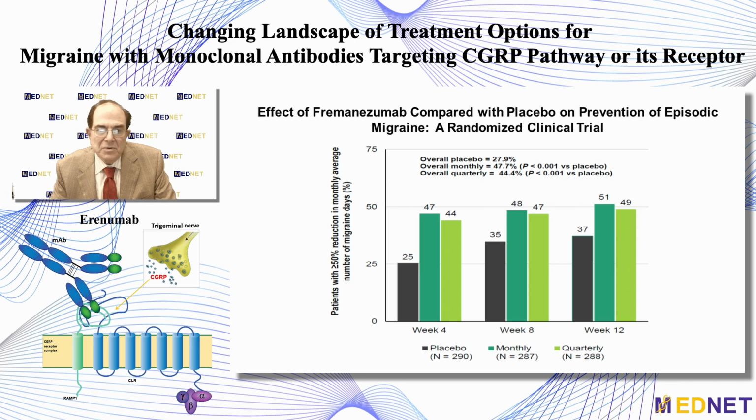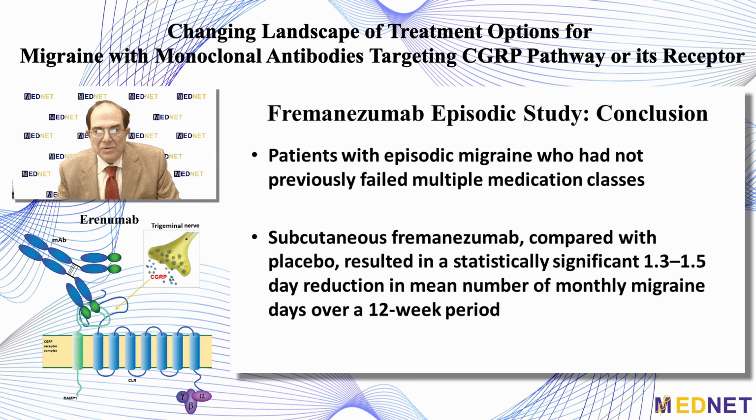If you looked at the placebo, it was close to 30%, and these were patients who had a greater than 50% improvement. So we included the patients with episodic migraine who had not previously failed multiple medications, did quite well, and a statistically significant benefit compared to patients who received placebo.